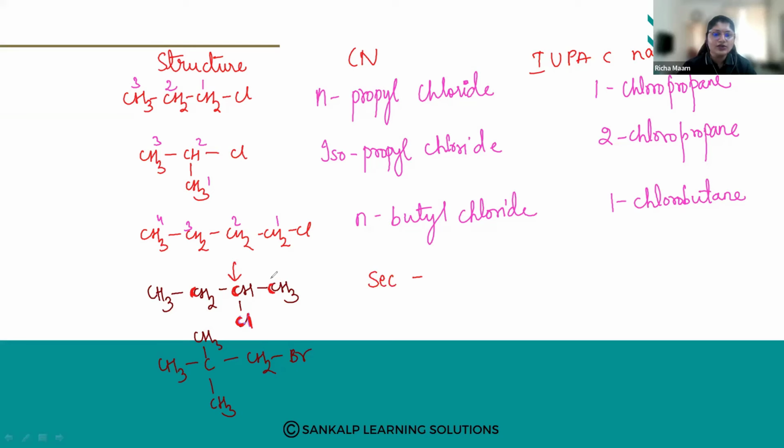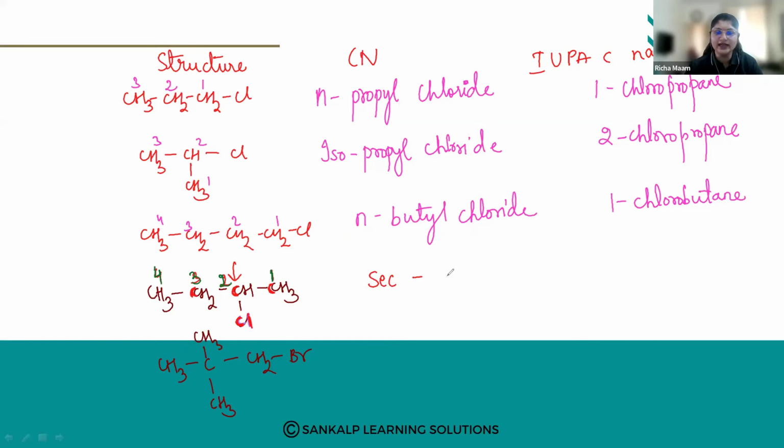Now, substitution 1, 2, 3, and 4. Whenever you are writing the numbering, you have to see what is substituted. Now your chloro is substituted, right? So the substituted halogen atom should get the least number.